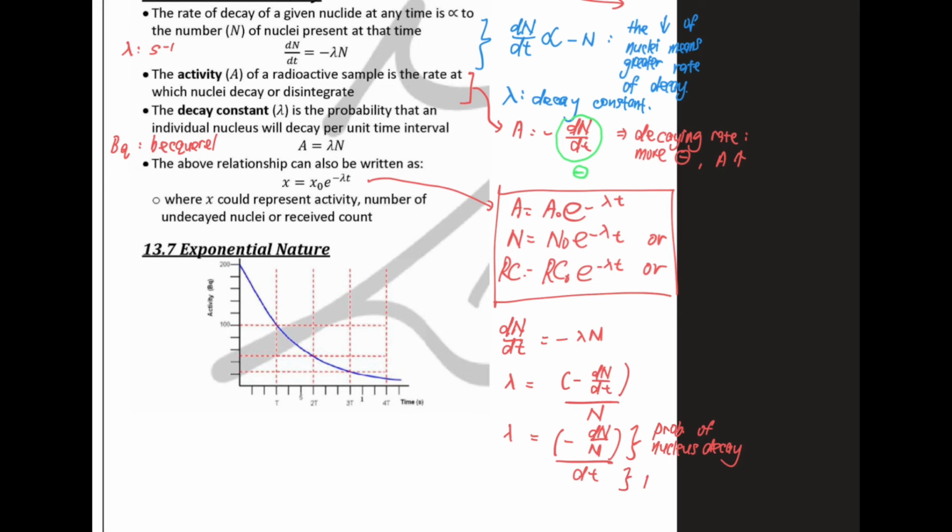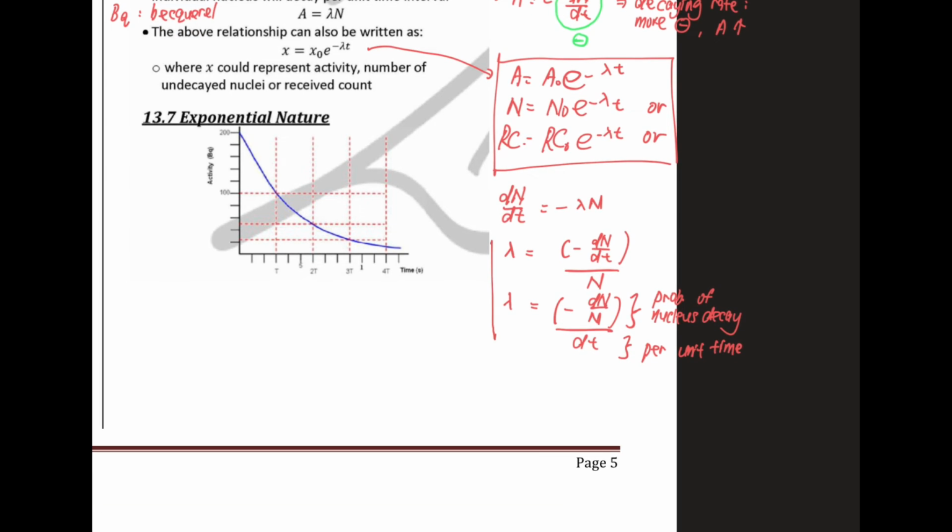This one is per unit time. So that's why the lambda has that meaning. As you can see over here, lambda is the probability that an individual nucleus will decay per unit time interval. So I arrange the equation, then you can see that.